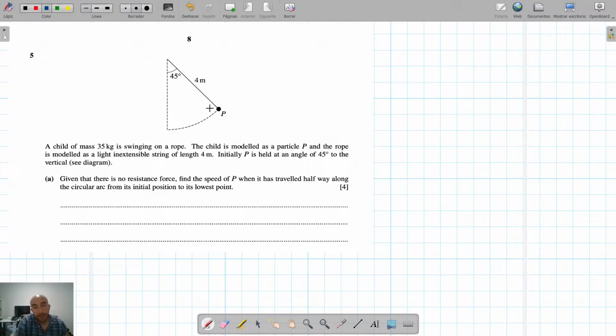Okay, so we know that when P is at its highest position, it has a potential energy, which is m times g times h.